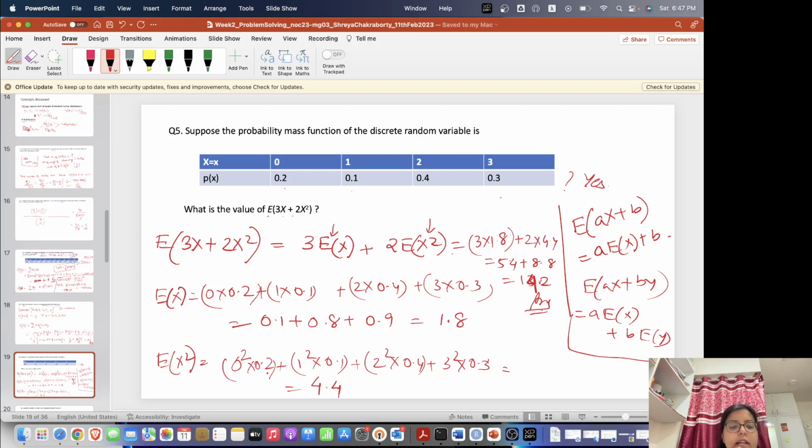This one, it's fairly simple. 0 square, this is 0. 1 into 0.1, that is 0.1. 2 square is 4 into 0.4, that is 1.6. And this is 9 into 0.3, that is 2.7.